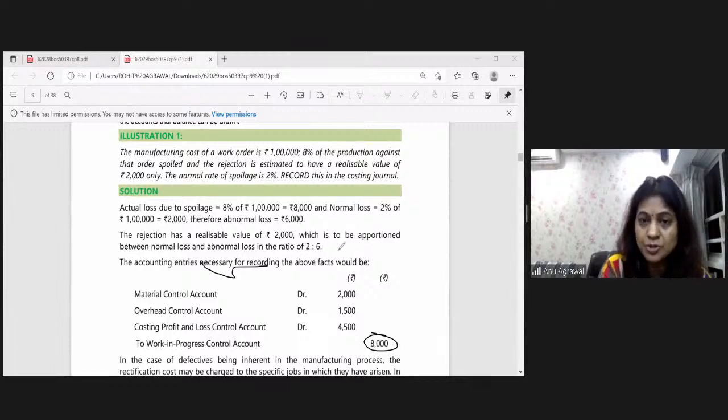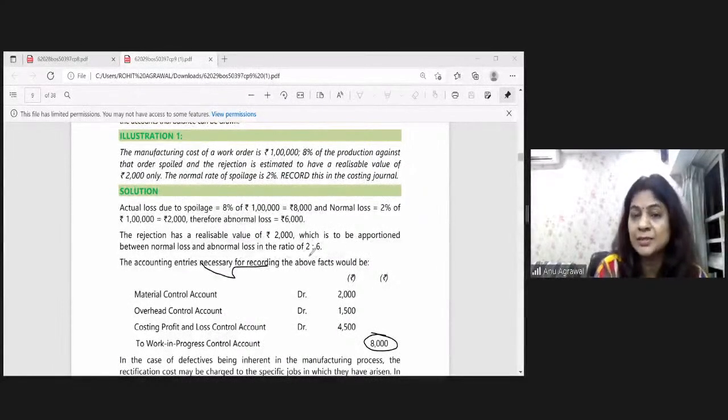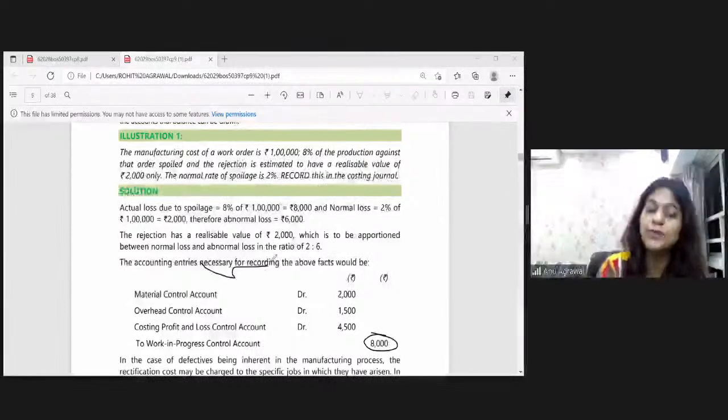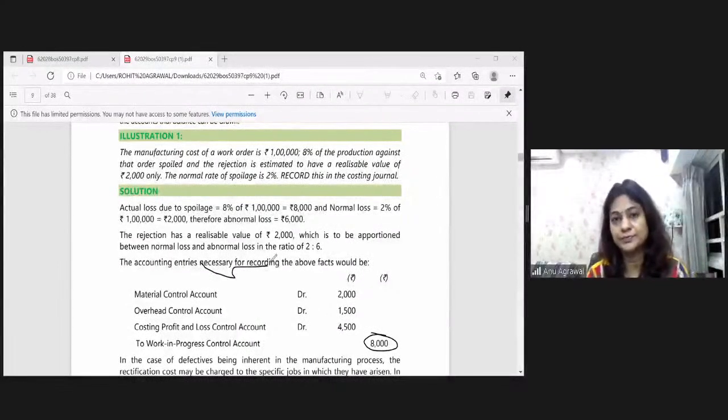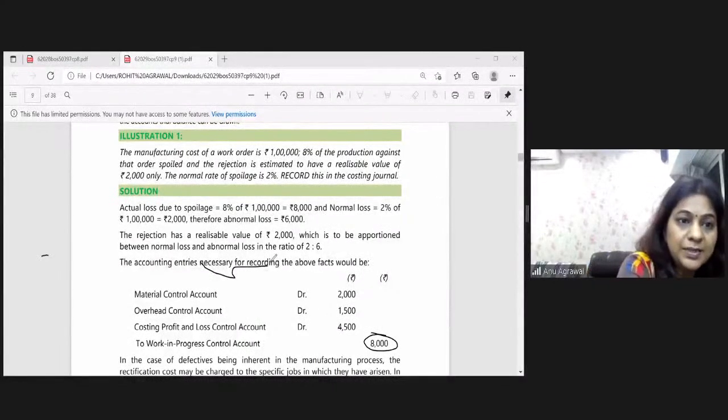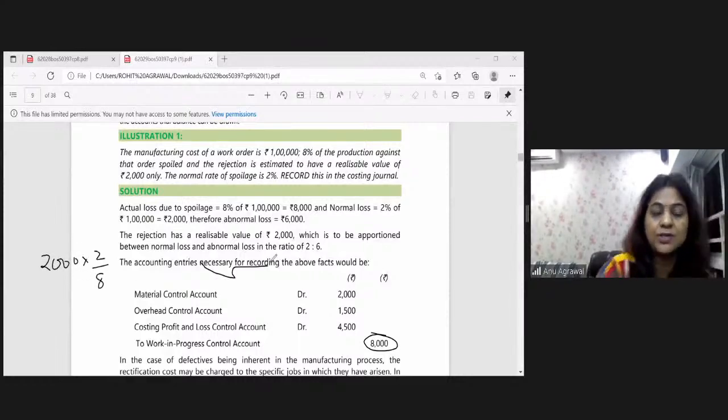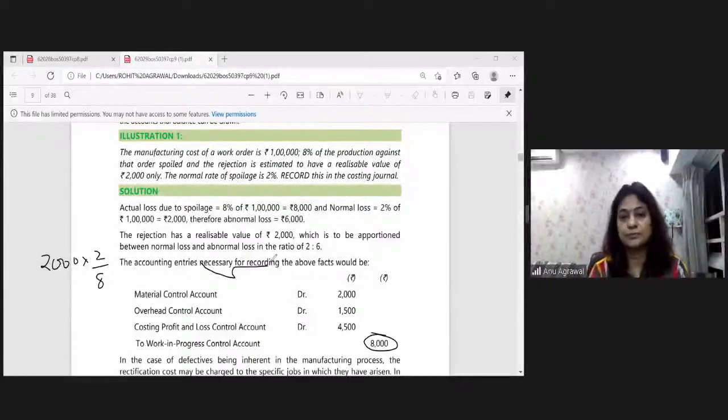This abnormal portion should go into costing P&L account, but this 2 portion, which is not abnormal, which is within acceptable limit, should become a part of the cost of the product. If this is so, we should divide this 2,000 by 8 ratio, yes or no? Should we do it or not? What do you say?